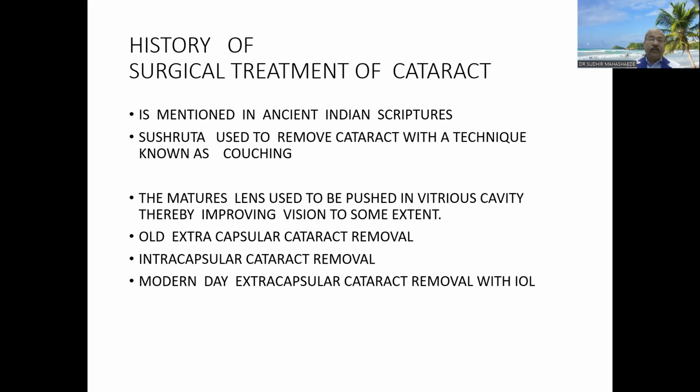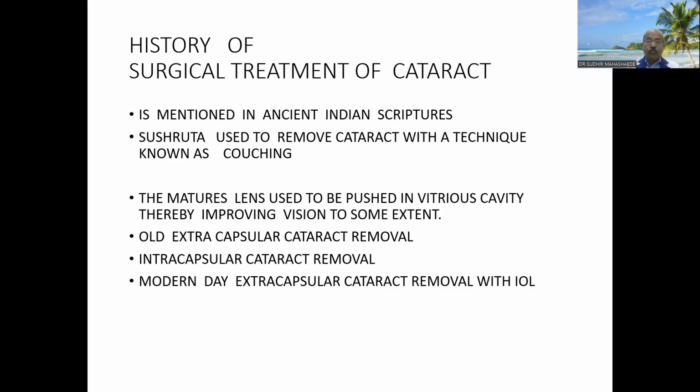Now, the history of surgical treatment of cataract. Cataract has been there since ages. You'll be happy to know it is mentioned in our Indian scriptures. Sushruta used to remove the cataract with a technique known as couching. At that time, the surgical treatment was not as advanced as today.